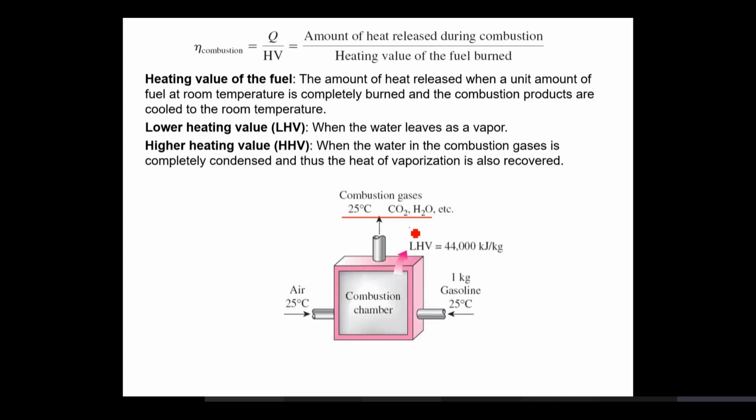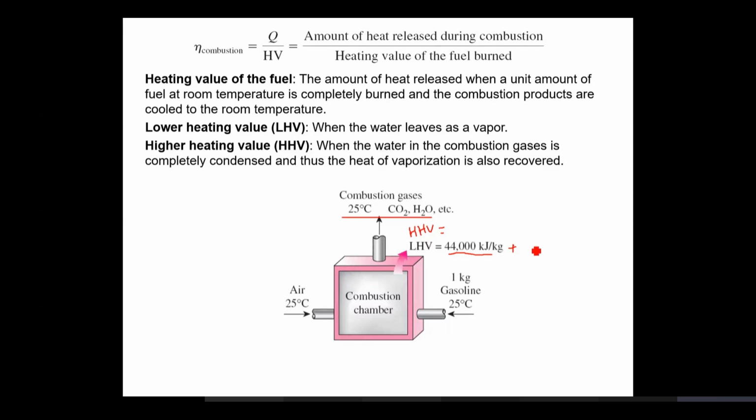Had it been the higher heating value, would it have been more or less than the lower heating value? Less. Sorry, it should be more, sir. It would be more. Why? Because higher heating value would be the lower heating value plus the energy required to convert water into water vapors.